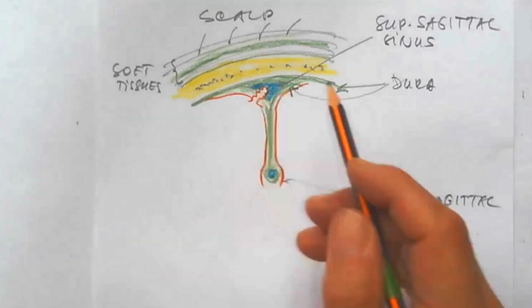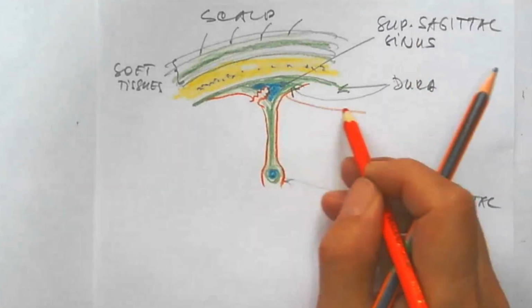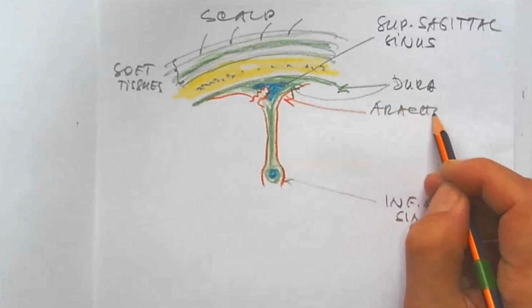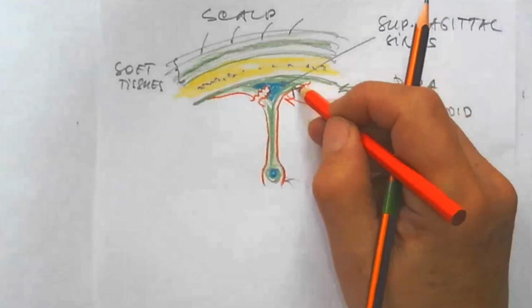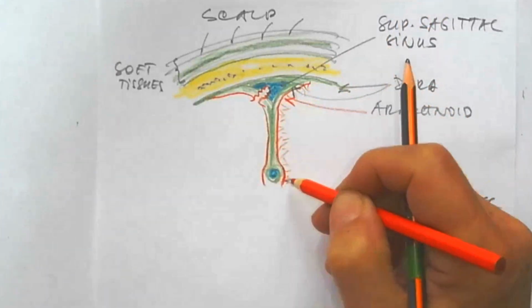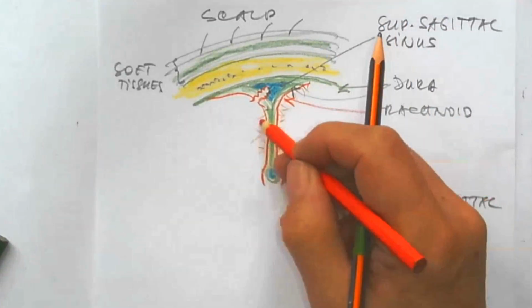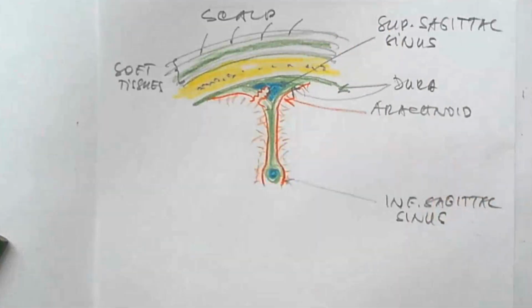And then the red color indicates the arachnoid, and arachnoid has many trabecular systems, the trabeculae, like here, and the trabeculae are important for the stability of the space, which would be called subarachnoid.